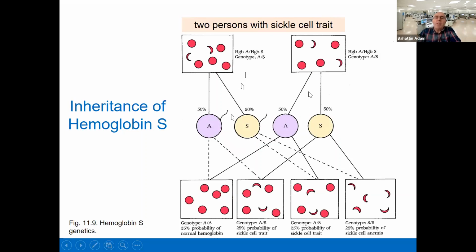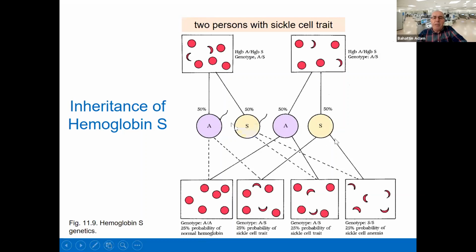Okay, you have to produce either sperm cells or egg cells, and if you produce each of them, as you see, one allele is healthy and one is unhealthy.